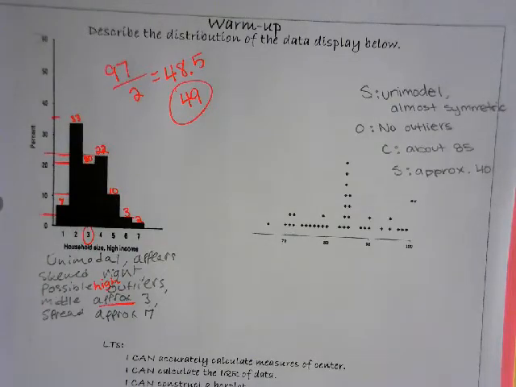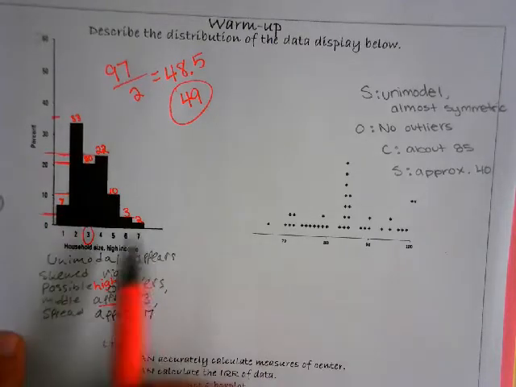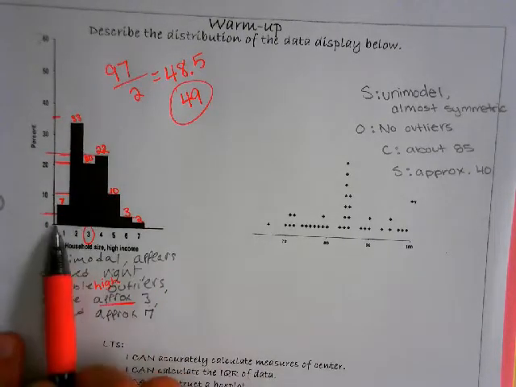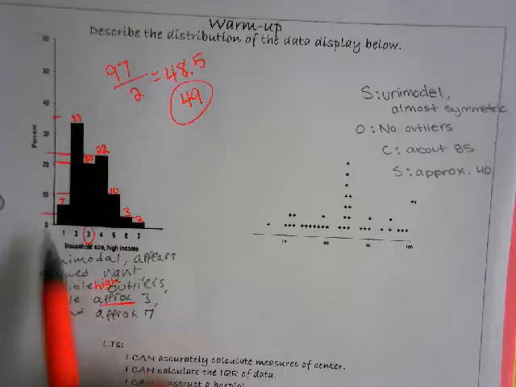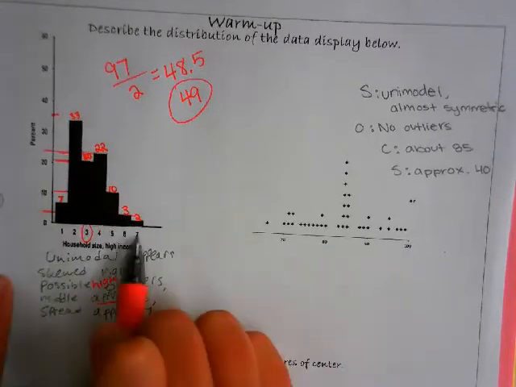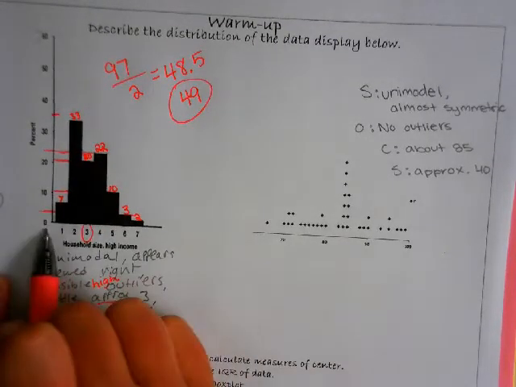Any other questions? Yes? Can you show how to do a spread for the histogram? Oh, yeah, sure. So the spread, I would have said 1 because it doesn't technically touch 0, but the highest x is 7 and the lowest x is 0.